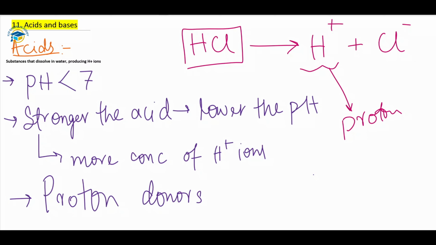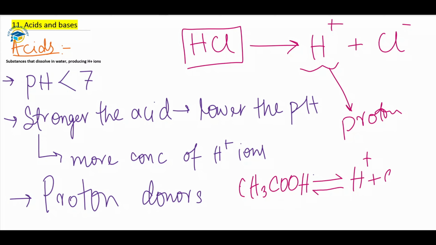So this is the strong acid, and another example, of a weak acid, is ethanoic acid. This is the formula, and when it dissociates, what will happen? It forms H positive ion. Acids always give protons, so they are known as proton donors.